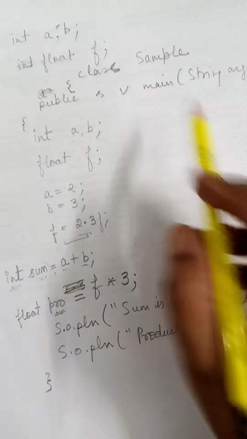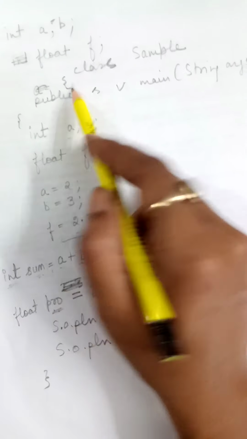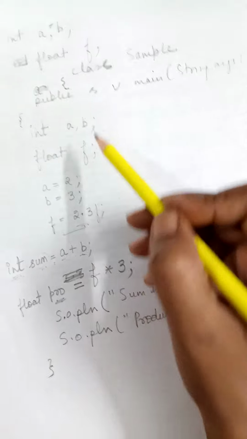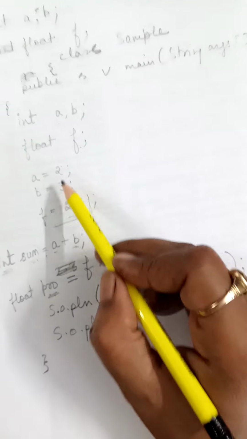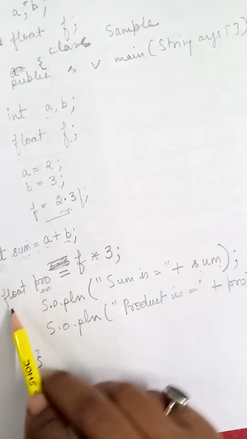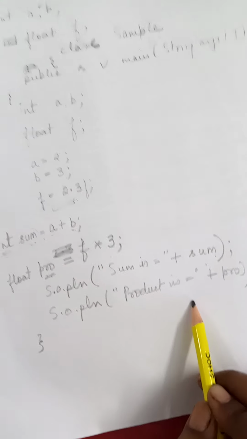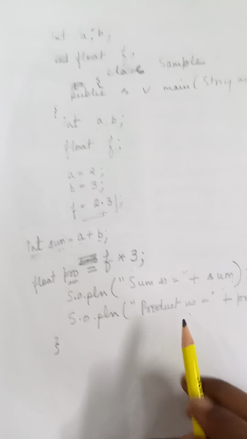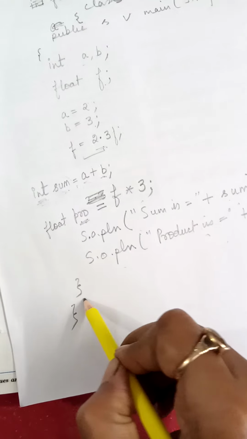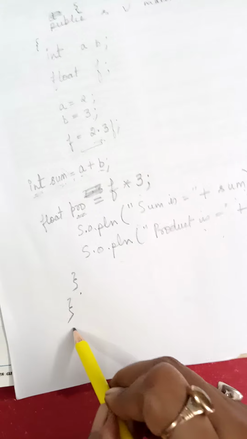So class sample, brace open, function, brace open, two integer variables, one float variable, initialization of integer variables and float variable, then calculation, then displaying the result. Now you will be closing one more brace. This will be of the function, this will be of the class.